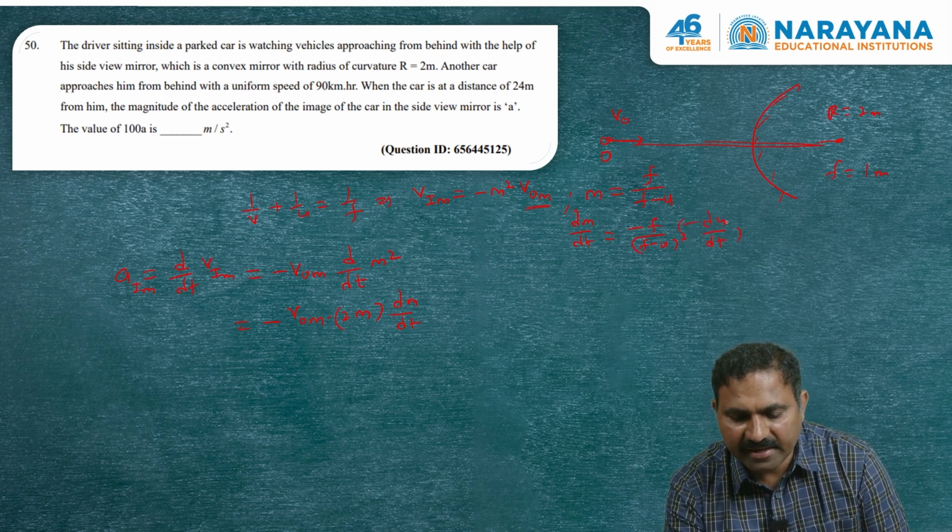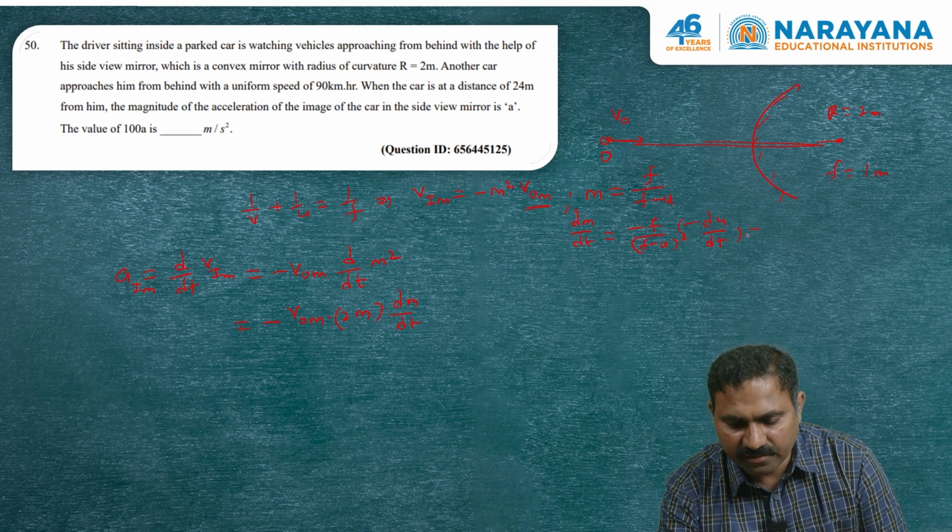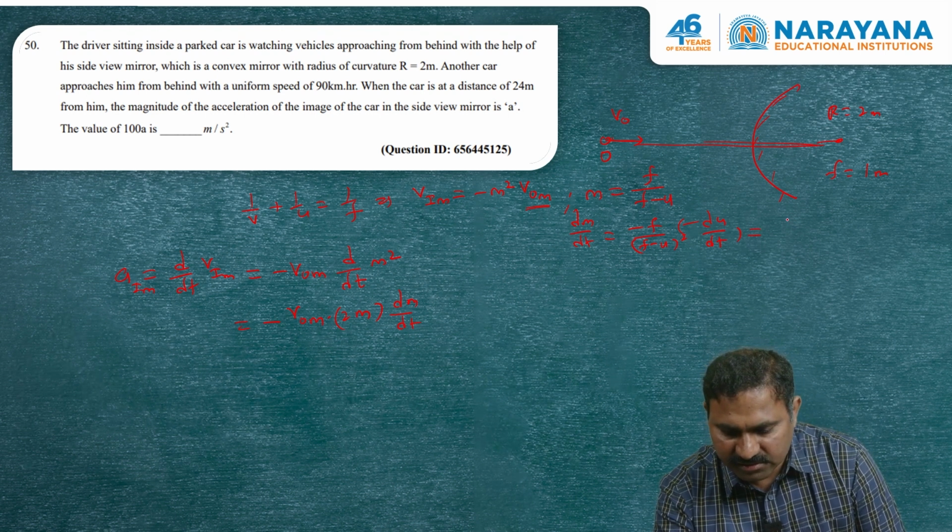Minus du by dt is nothing but the velocity of object. So, this is f v naught by f minus u whole square.